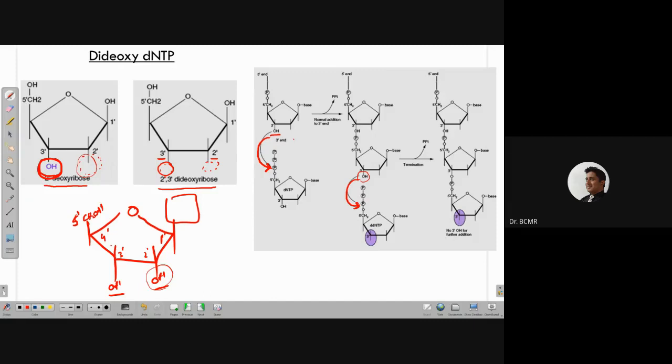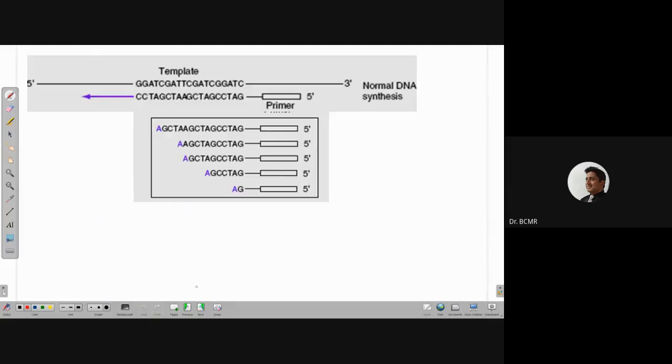Once the dideoxy nucleotide is incorporated, there is no OH, so there is nothing to make a nucleophilic attack and add a nucleotide. So the chain cannot be polymerized anymore. So Sanger's method involves this ingenious idea of how we can use it to read through the sequence.